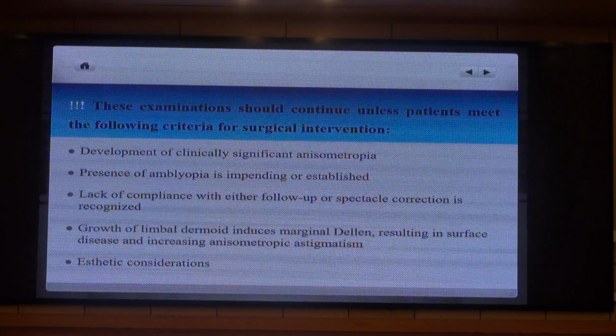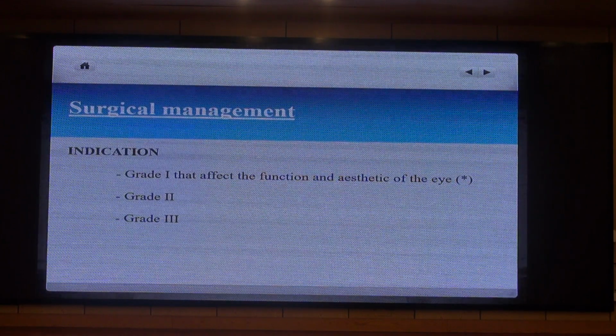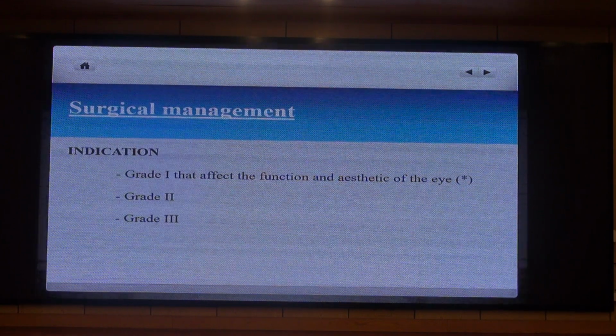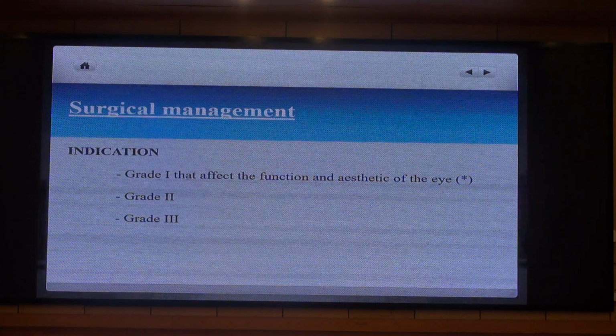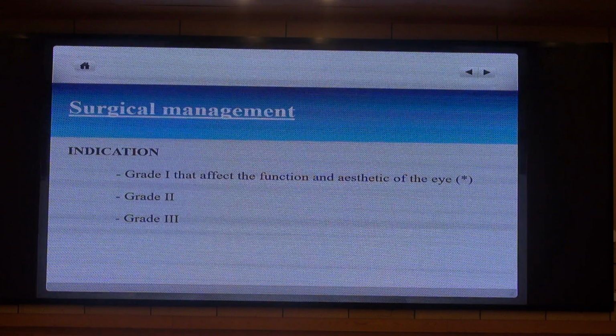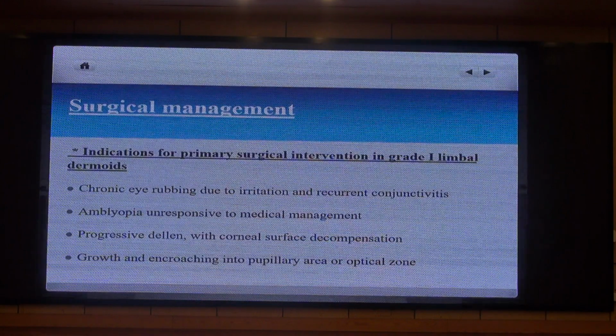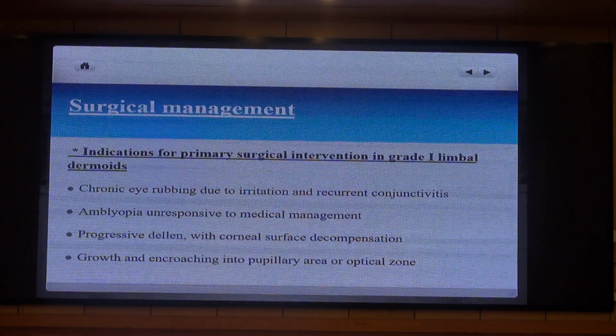There is also cosmetic consideration. Surgical management indications: grade 1 that affects the function and cosmetics of the eyes is very important, and of course, always surgical management for grade 2 and grade 3. Indications for primary surgical intervention in grade 1 limbal dermoid.